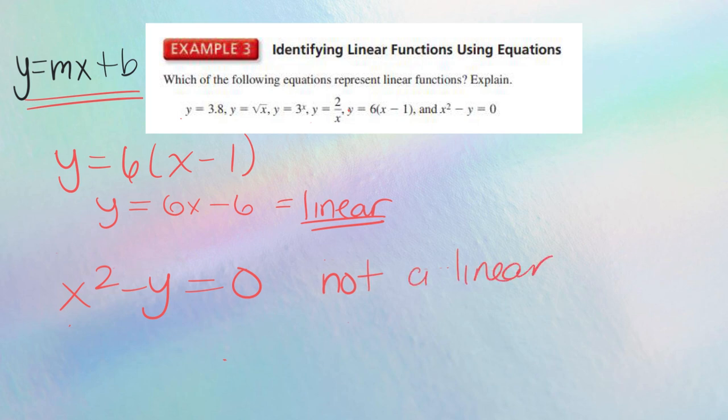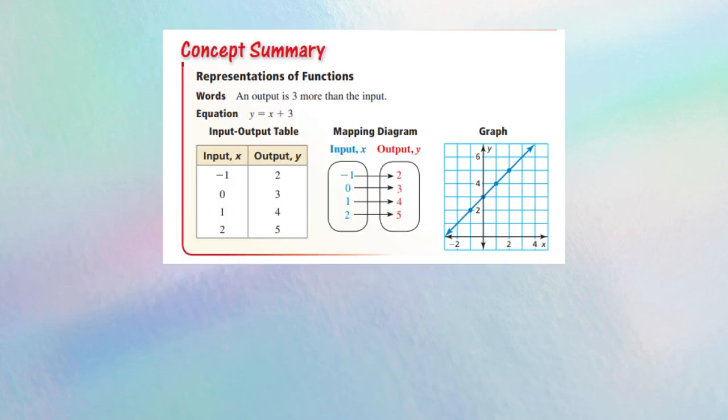Do we see the difference? Okay, so even if I have y equals, let's say, 5, that's going to be linear because you could rewrite it as y equals 0x plus 5. And that is a linear formation, okay? We're going to continue practicing, but I just want you guys to understand. Okay, let's go to the next one.